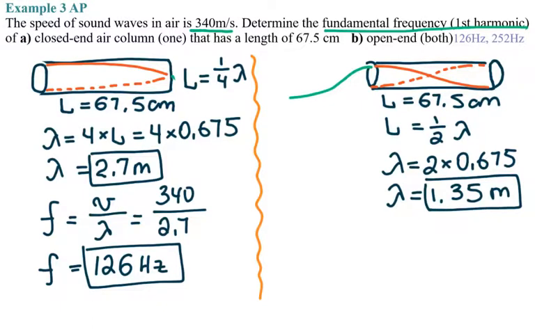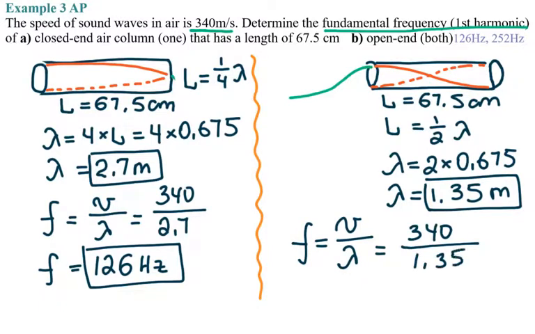And then from here I can also find the frequency, which is the velocity over the wavelength, 340 divided by 1.35. So it is equal to 252 hertz.